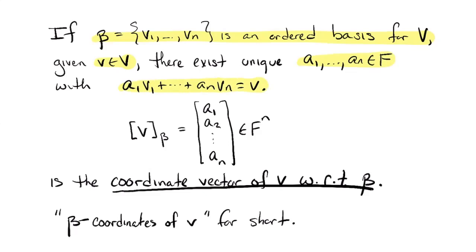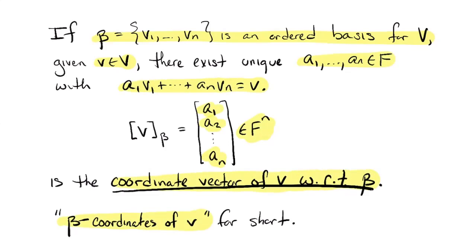And since we have agreed that beta is an ordered basis, these scalars would always come in the same order. So if we arrange them into a column vector here, like I've done in the middle of the page, putting in the first row the first coordinate scalar, the second coordinate scalar, and so on, I get a column vector in Fn, and that vector I'll call the coordinate vector of V with respect to beta, or just for short, because that gets to be a mouthful, I'll just call it the beta coordinates of V.